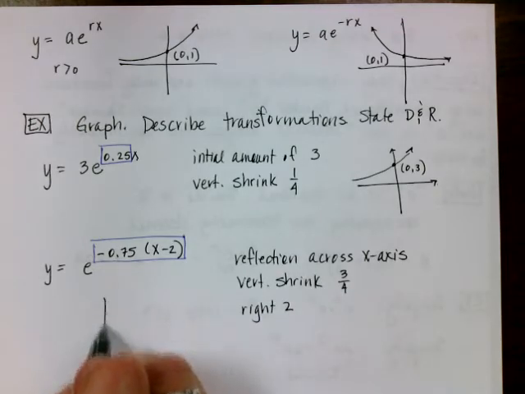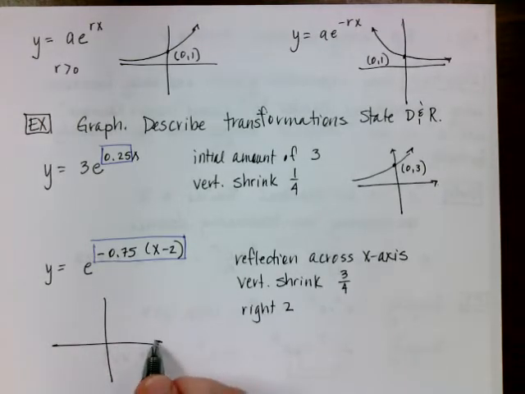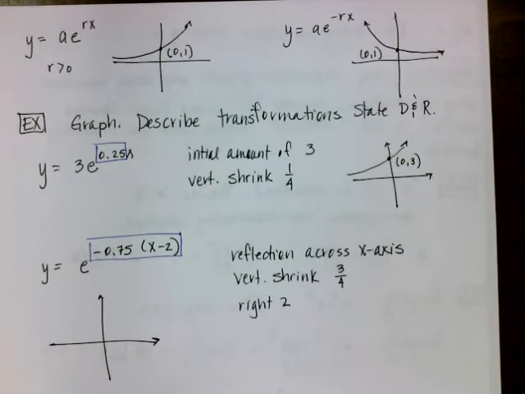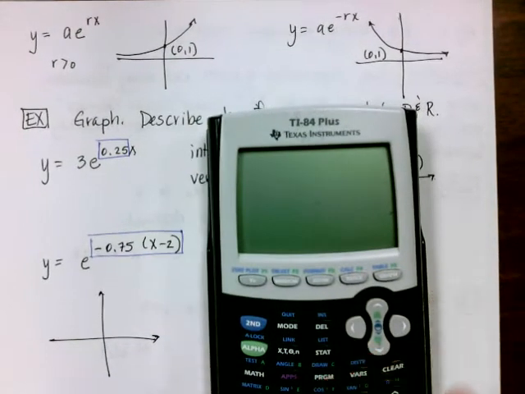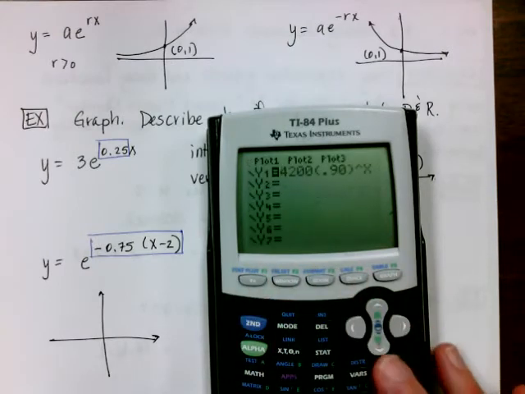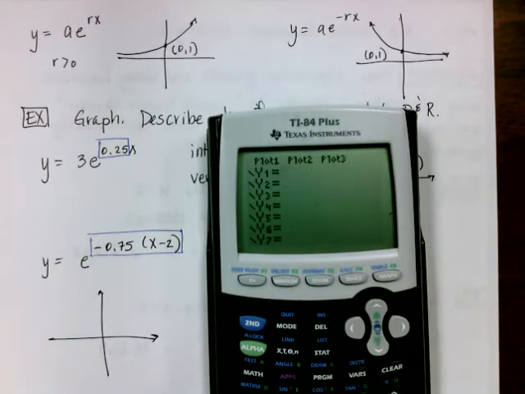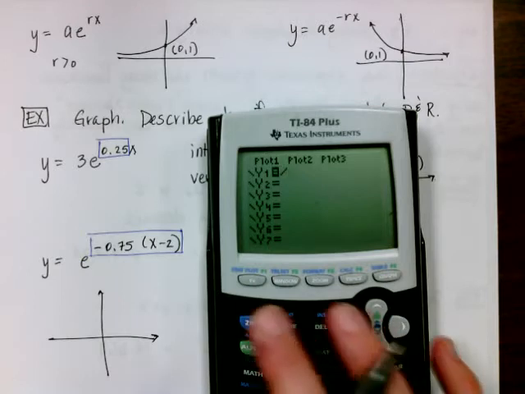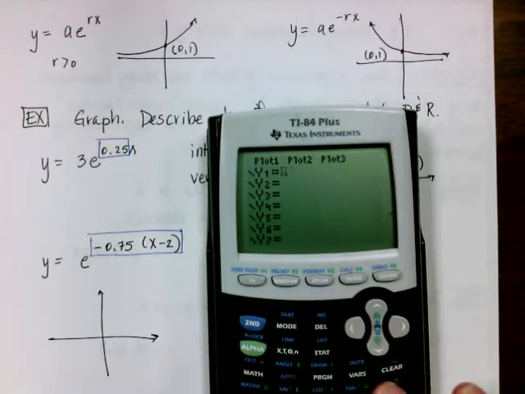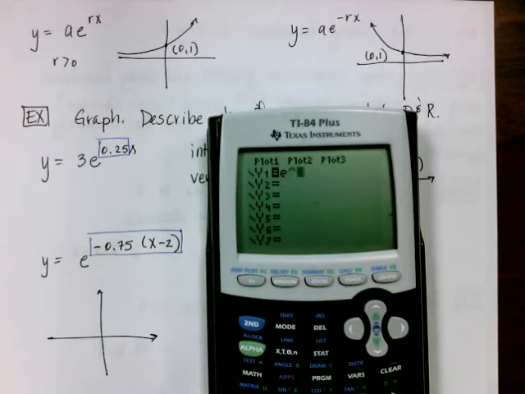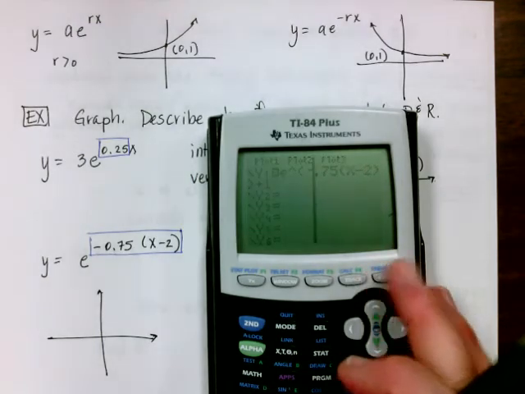Okay? If I graph this, using my grapher to help me, and I guess I could on this one because the equation's more complicated. So if I go to my y equals and enter this one, it's going to be y equals e raised to the parentheses negative 0.75 times x minus 2, close, close, and then plus 1, and then I'm going to graph.